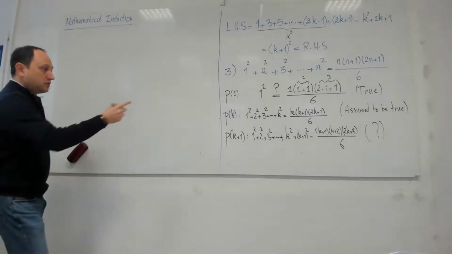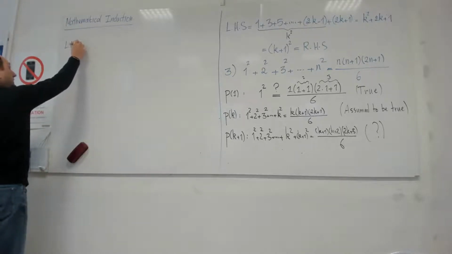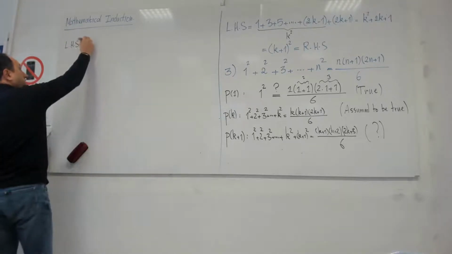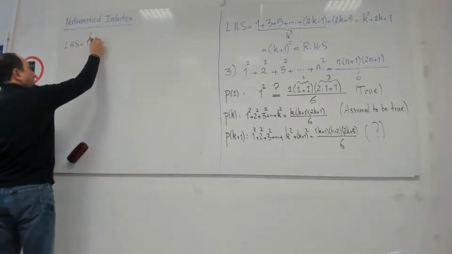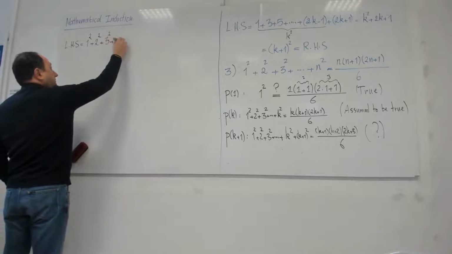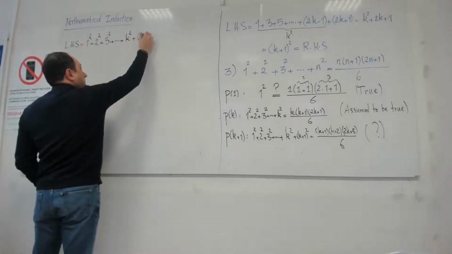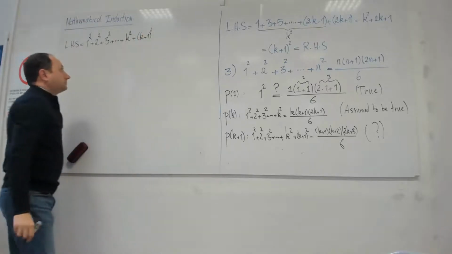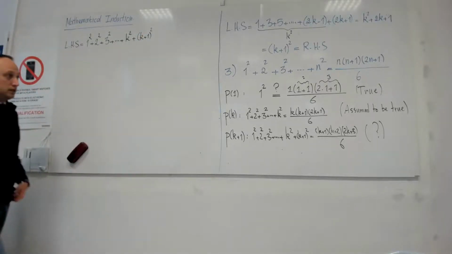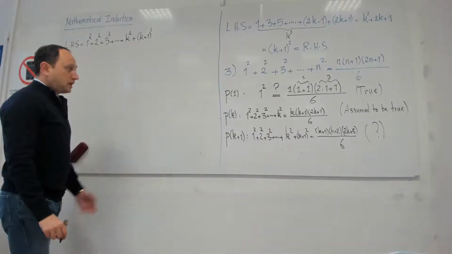Again, I start from the left-hand side. So let me repeat it, even though you don't need to repeat the left-hand side over and over again. Okay, this is my left-hand side for this question mark. But I know something.